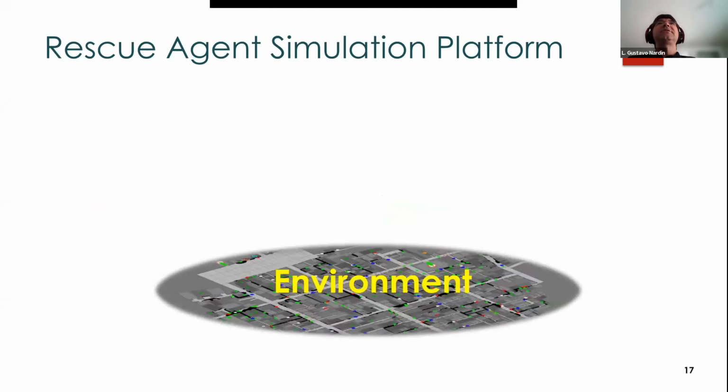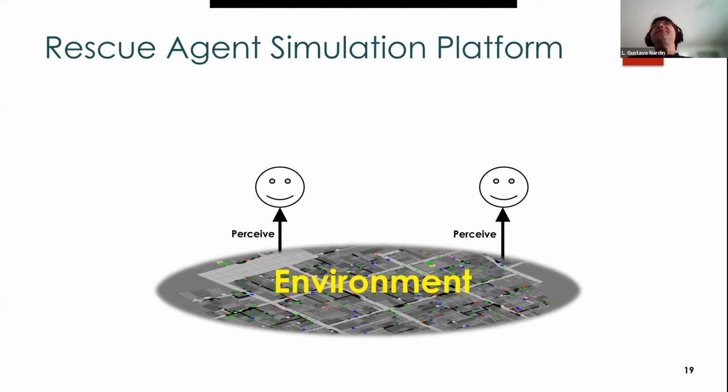But before that, let's go to an overview of how the simulation plays. So we have an environment, and we have these different types of agents, the ones I just mentioned. These agents will perceive the environment. They have a range of perception, so they cannot see everything in the environment.